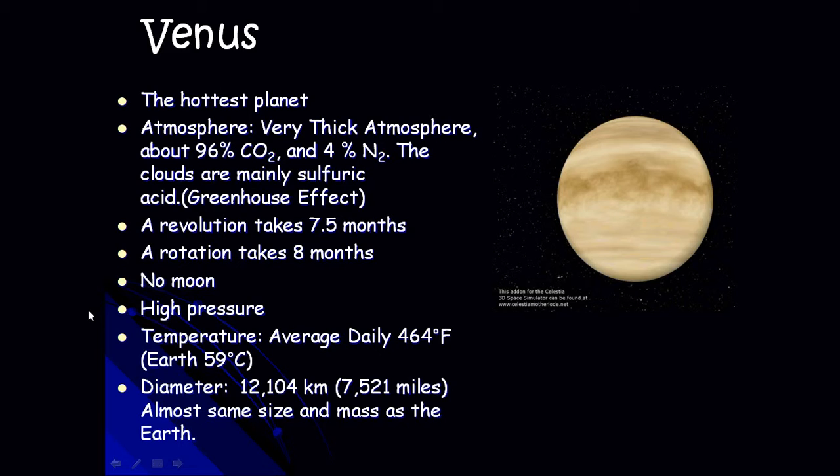In fact, there have been some investigations where that has been the case, and they found out the high pressure can affect things. The average daily temperature is about 464 degrees Fahrenheit. The diameter is roughly similar to that of the Earth, as well as in mass. So in terms of relative size, Venus is probably our closest twin.